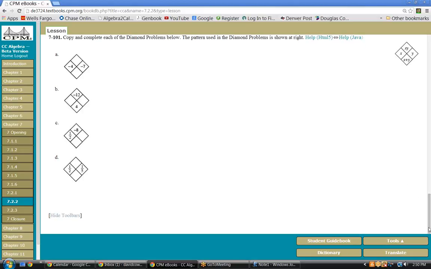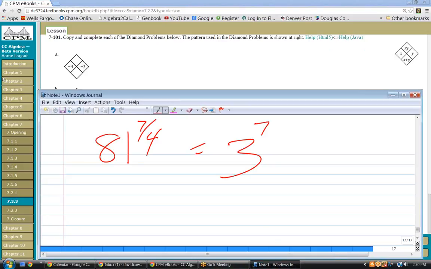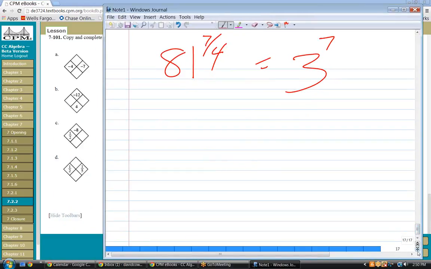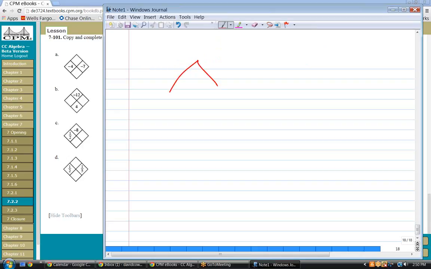So for C, would it be a half and 4? Because a half times a half, no. Is a half times a half 1? Well, I'm not used to doing these, so I need to kind of look at it. So we have a minus 12, whoops, excuse me, you wanted to do C. So we have minus 8, and that's a half.